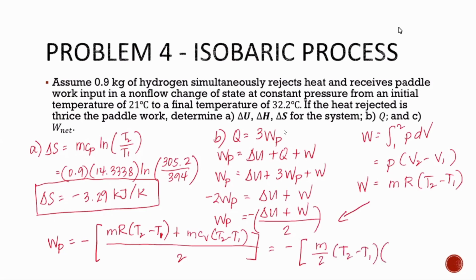This MR, T2 minus T1 divided by T2 minus T1 is R na lang. Plus, this MCV, T2 minus T1, sorry, nilabas ko na pala si M, CV, T2 minus T1 divided by T2 minus T1. So, ang natira na lang ay CV. Ito yung gagamitin nating equation.